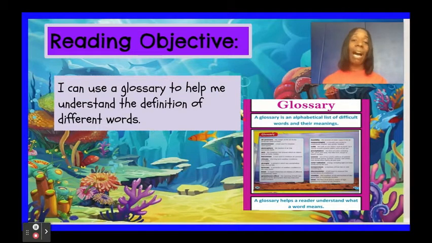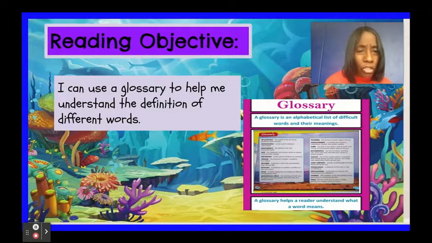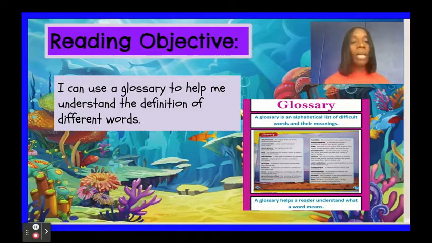And right here, scholars, if you would look at our anchor chart, a glossary is an alphabetical list of difficult words and their meanings. A glossary helps a reader understand what a word means.